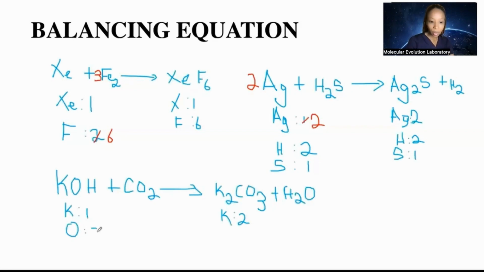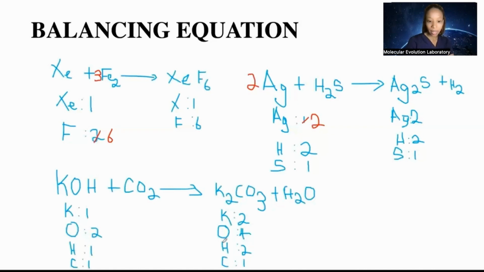We have 3 oxygen on that side, so this should actually be 4 oxygen on this side. 1 hydrogen on the left, 2 on the right, 1 carbon, as well as 1 carbon.